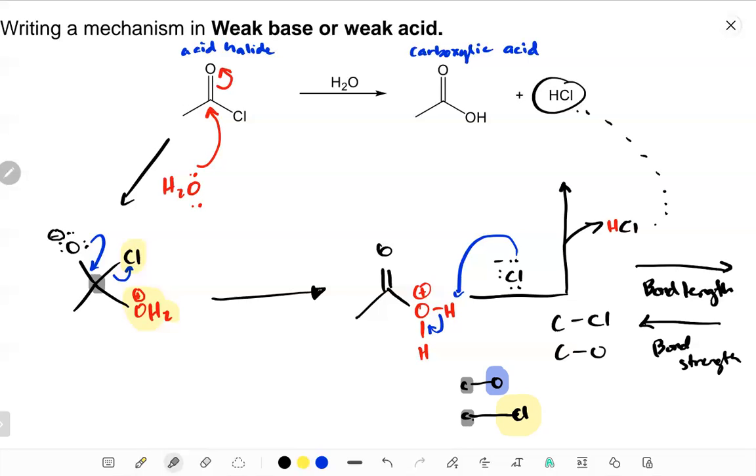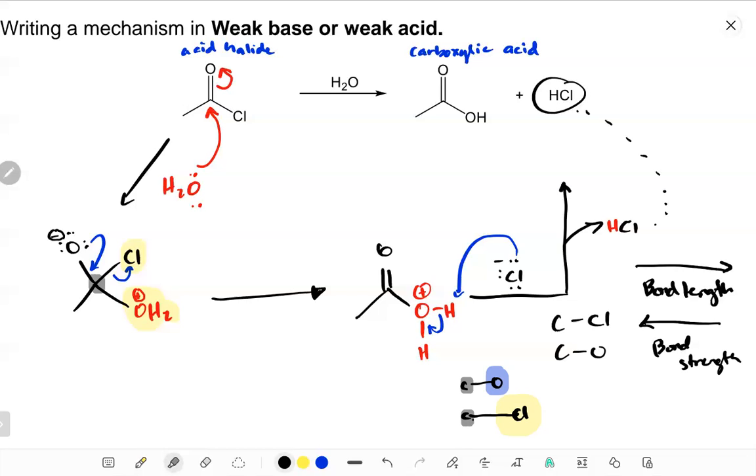And another factor, which is less reasonable but actually insightful, is the electronegativity. Remember that oxygen is more electronegative than chlorine.